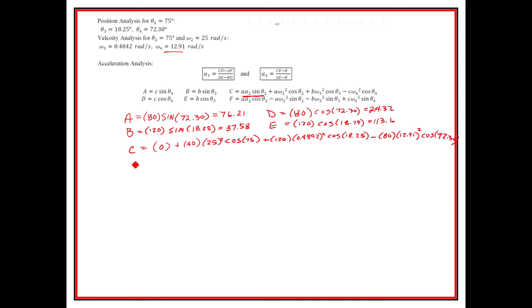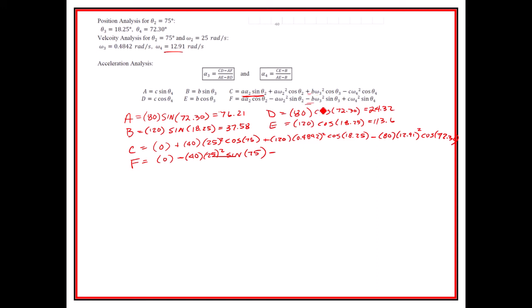And then we do the same thing for F. It's very similar. Got to watch out for our pluses and minuses here, though, because that's a minus: 40 times 25 squared times the sine of 75. And then we have a minus here, right? So we got to be careful there.